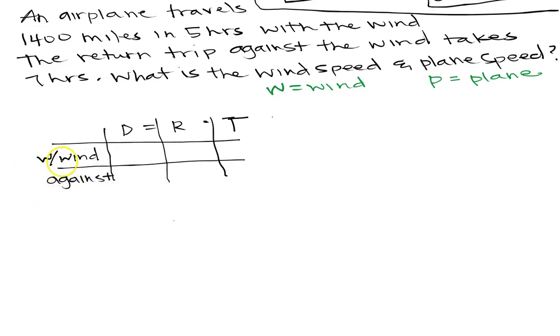Okay, and so those are going to be my two different equations. One is what's happening with the wind, one that's against the wind. Okay, so let's look and see here. What is my distance with the wind? 1,400 miles. 1,400. And how about my distance against the wind?